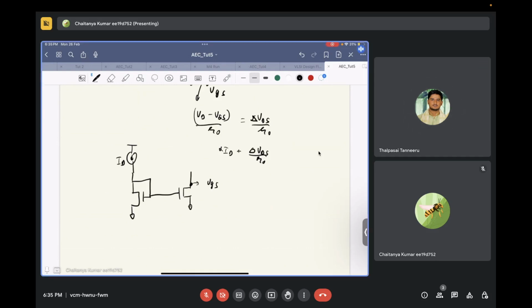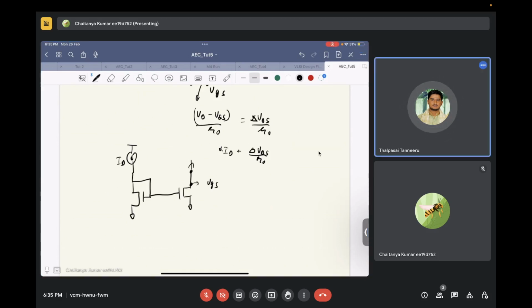No, but if you make it diode connected, then the whole purpose is lost. What is the property of a current source? What should the output resistance of a current source be?